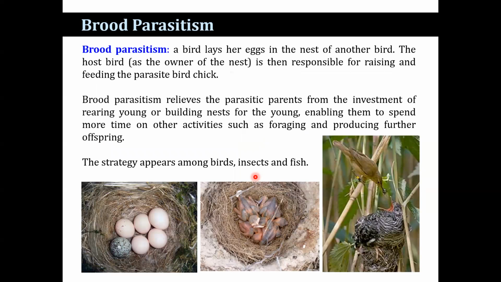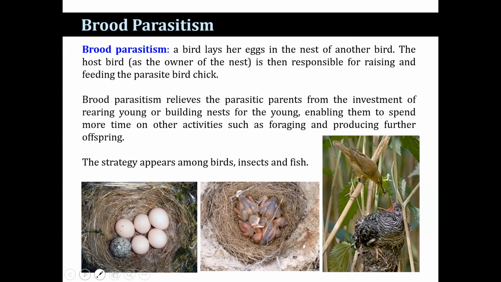Now, there is another category, brood parasitism. In brood parasitism, a bird lays her eggs in the nest of another bird. The host bird, the owner of the nest, is then responsible for raising and feeding the parasite bird's chick.